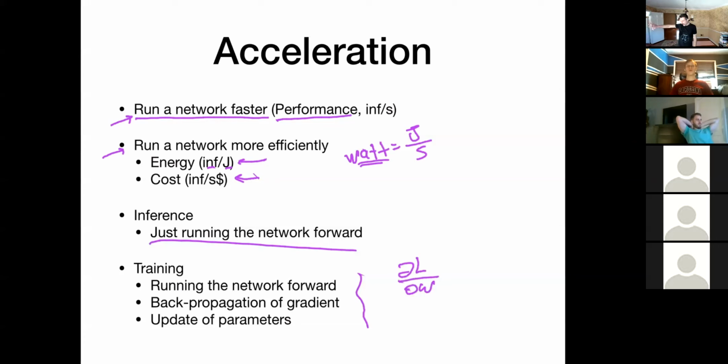Once you have done the forward calculation and calculated the loss, you need to calculate this through backward propagation. And then in the last stage, you want to update the parameters and do the same again, right? So you have this loop of these three essential operations during training. That's the difference between inference and training. Is that clear? Do you have any questions about this?